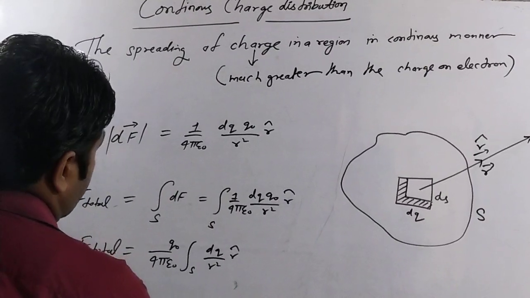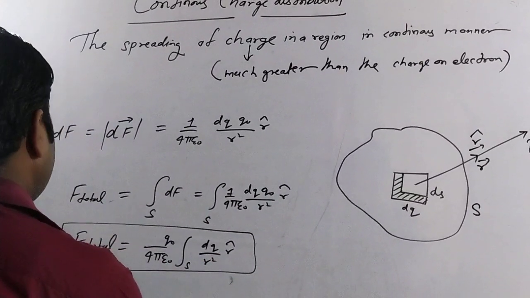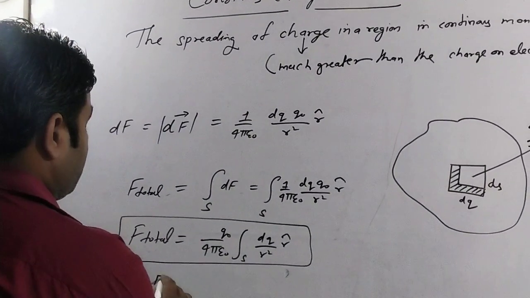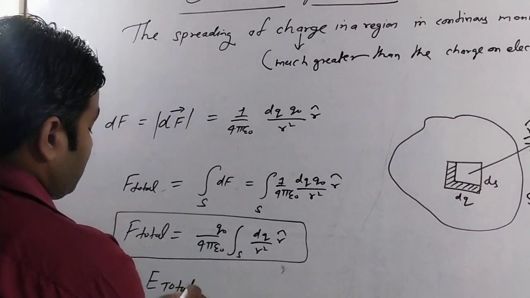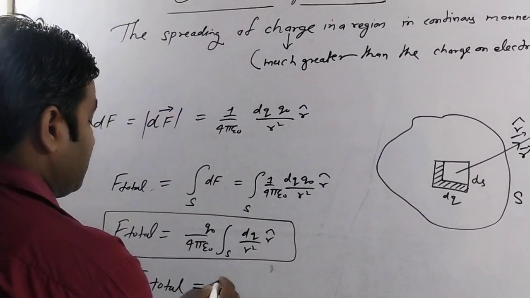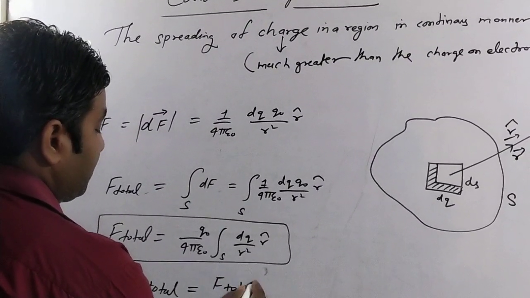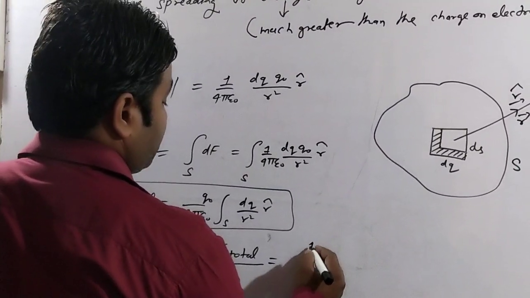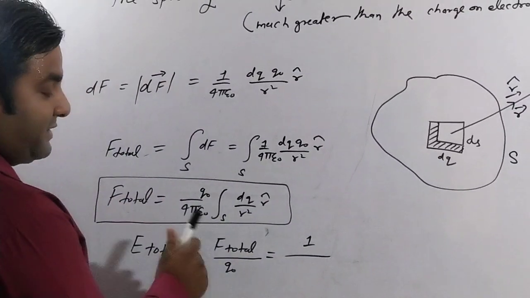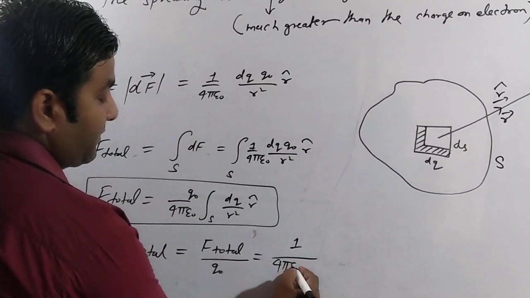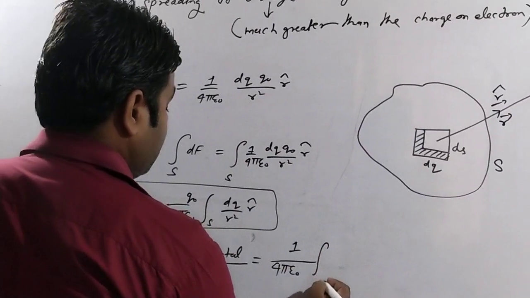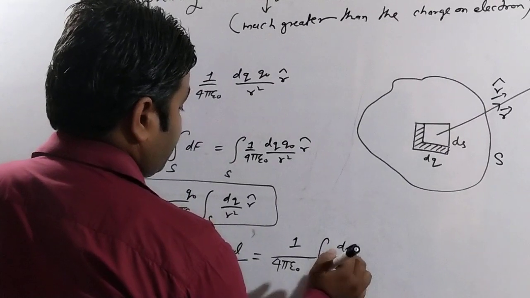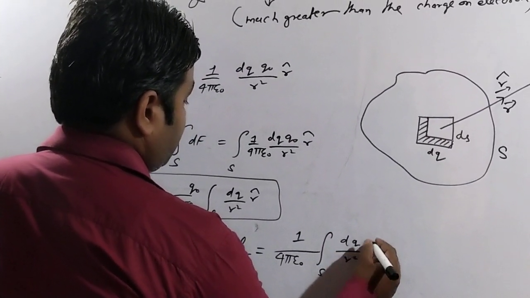This is the total value of force, and with the help of this force we can calculate the electric field E total. E total is equal to F total upon q naught, that is equal to 1 upon 4 pi epsilon naught, and this q naught will be cancelled out, so 1 upon 4 pi epsilon naught integration over surface dq upon r square r cap.